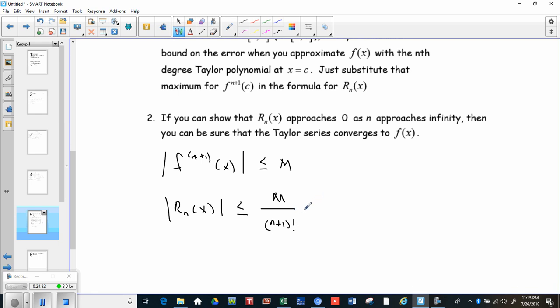And again, since we're talking about absolute value, we'll put this difference of x minus c in absolute values to the n plus 1. Again, all this is saying is this right here is the next term of the Taylor polynomial, where this piece is less than or equal to that next derivative at all times.